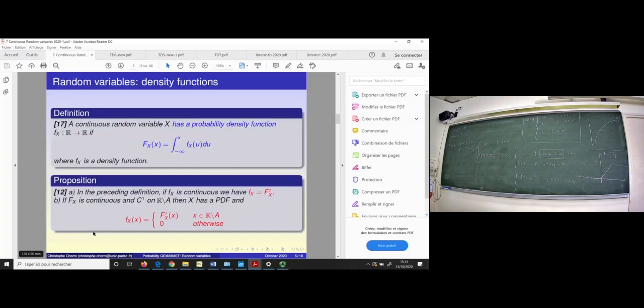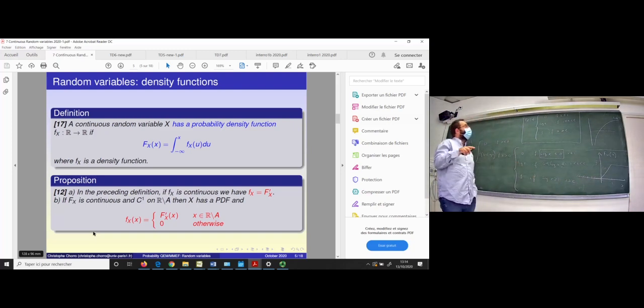In order to find the associated probability density function, I can apply proposition 12. Here I see that I have something that is continuous, that is in fact very regular, except maybe at 1 and at e, because you have the logarithm that is of class C infinity, and you have constants in other cases.